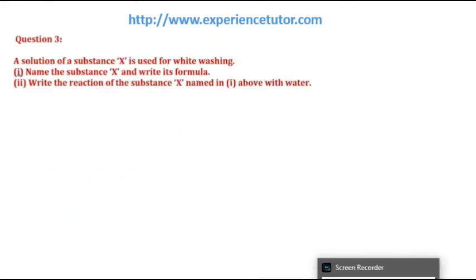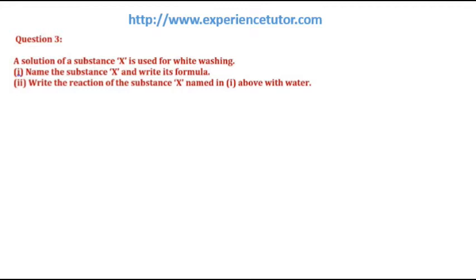In the third question, we have: a solution of a substance X is used for whitewashing. 1. Name the substance X and write its formula. 2. Write the reaction of the substance X named in 1 above with water.